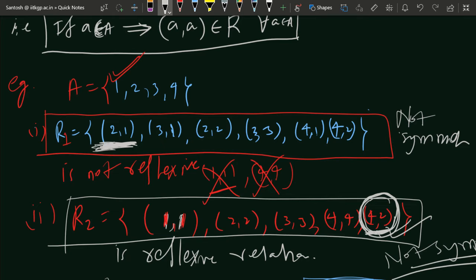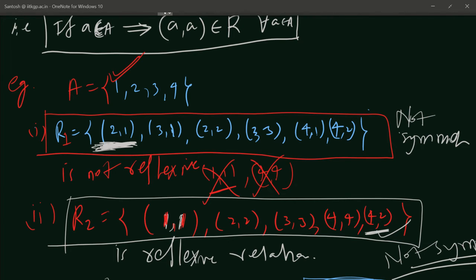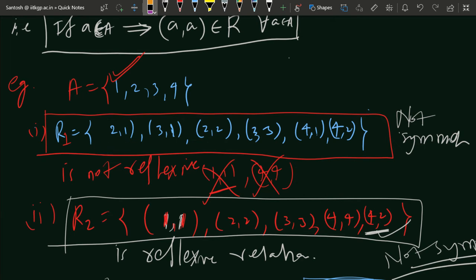Check whether the first example is transitive or not. Check for transitivity.